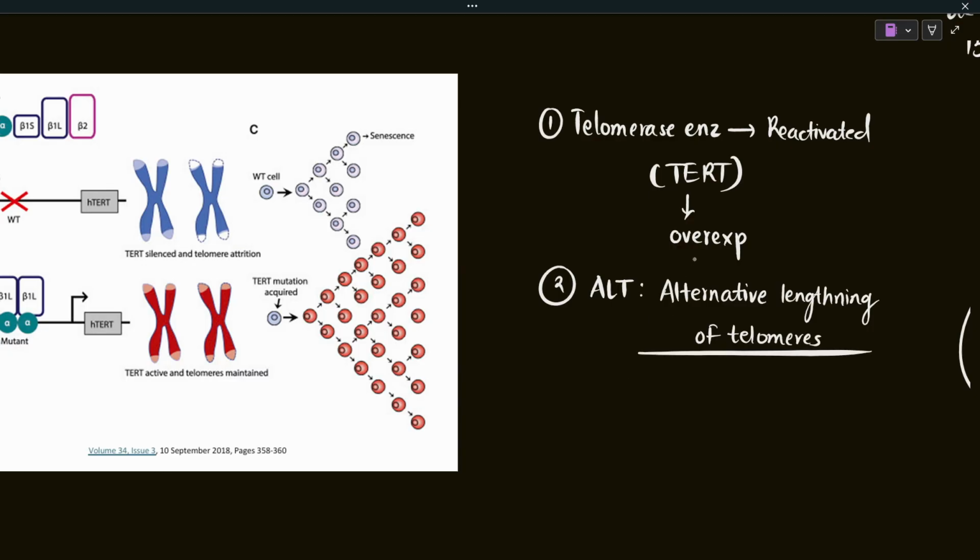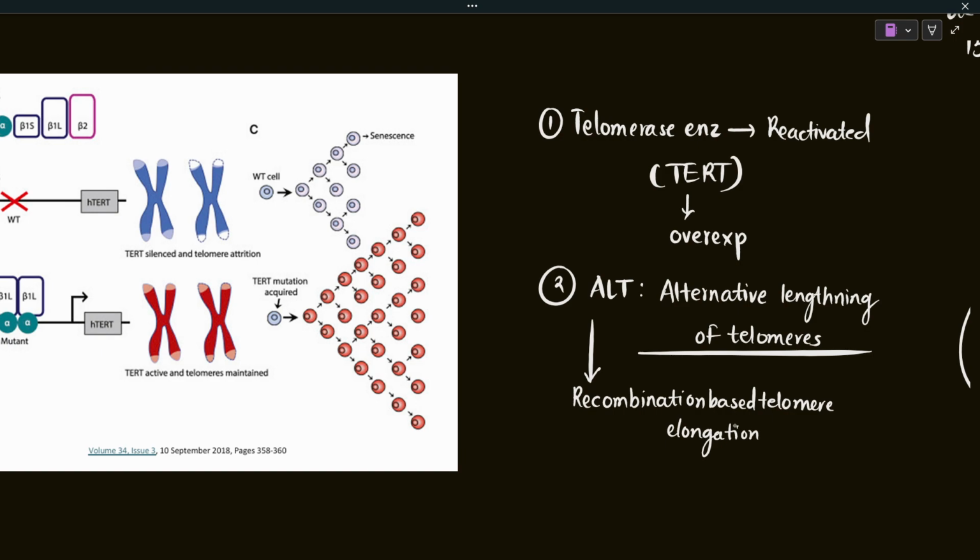So this ALT pathway is a telomerase independent mechanism. A few cancer cells maintain the telomeres through this pathway. This is a homologous recombination based mechanism, but we are not going to discuss this in detail in this lecture. But it is also a mechanism which facilitates recombination based telomere elongation.